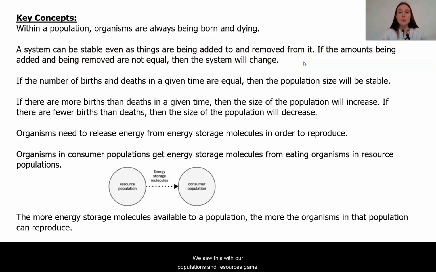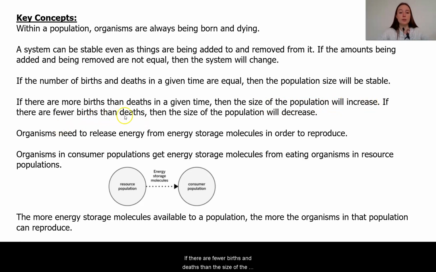We saw this with our Populations and Resources game and with our video with the tanks of water. If the number of births and deaths in a given time are equal, then the population size will be stable. If there are more births than deaths in a given time, then the size of the population will increase.